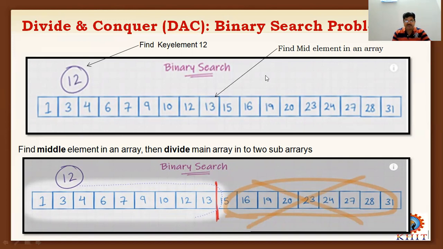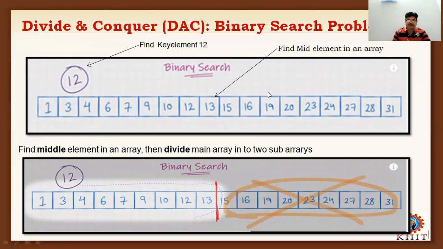Once the middle element, the searchable element, the first element and the last element are found, the first step is to apply the divide and conquer technique to the problem. When we apply divide and conquer to the binary search problem, the array of size 18 is divided into two subparts.